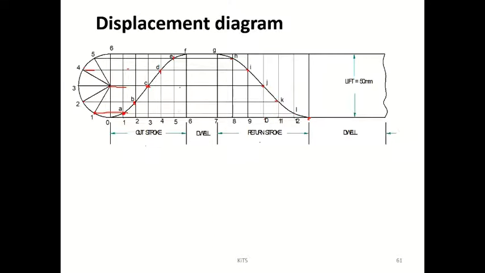Like this you have to mark the points, and then you have to draw this curve neatly in freehand. Connect all the points, you will get a curve like this. Now displacement diagram is over.